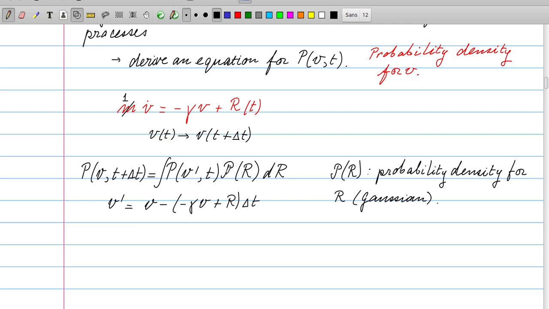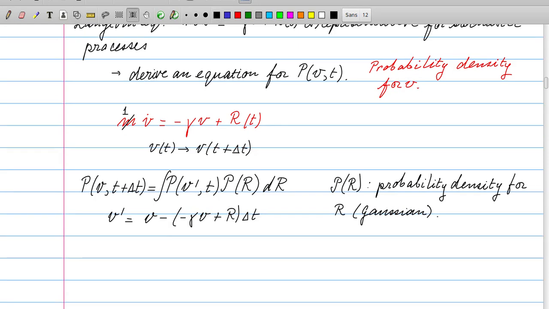And the curly p here is the probability density for r, and we know that that's a Gaussian probability density. So this is a Gaussian probability density, and it relates via this integral the p at time t to p at some later time. Now we know the following.